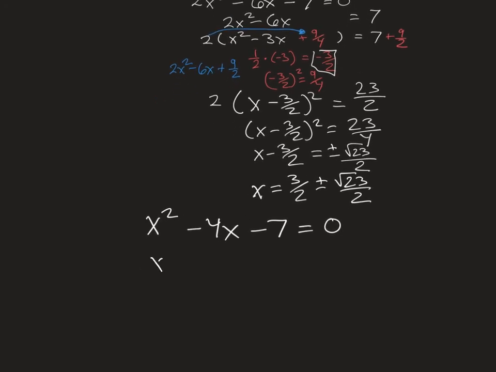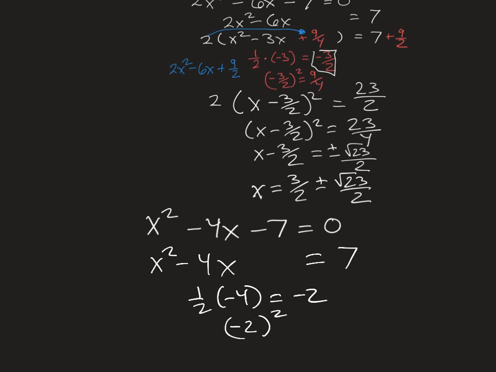So this time, the nice thing is the coefficient of x squared is 1, so I don't have to factor anything out before I go about completing the square. I bring the constant to the right. I half the linear coefficient, and then I square it, and I get 4.